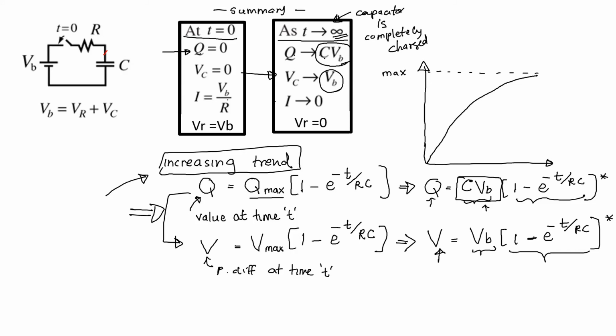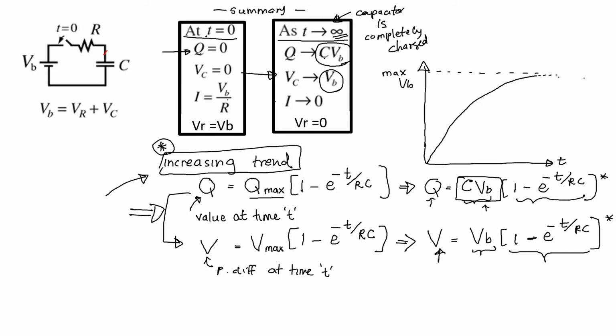It will reach the maximum at infinity. In the same way, your voltage will also have a similar graph, but this graph will reach the maximum of VB at infinity. So this is the general format of your increasing trend. Easy, right?